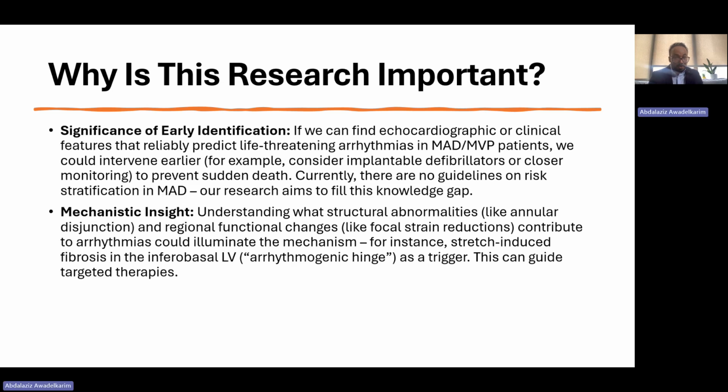So in this research, we try to introduce studying global strain, which is a specific advanced form of tracking muscle deformation on echocardiogram using advanced Doppler and echocardiography, to see if there's a difference between the two subsets of patients who develop arrhythmia and not.